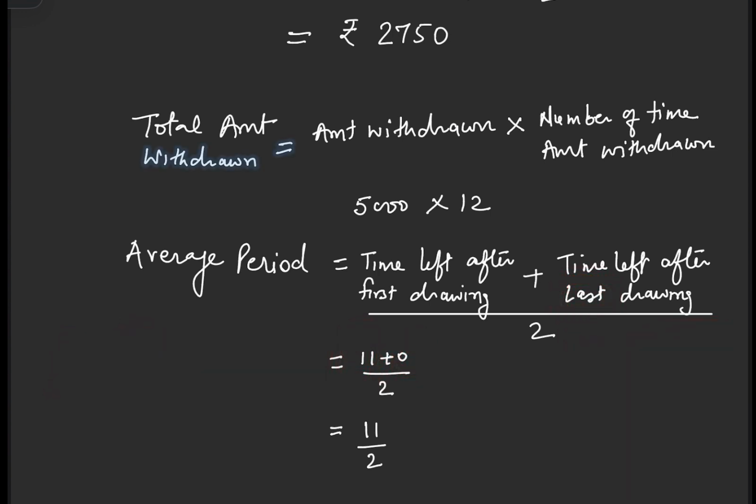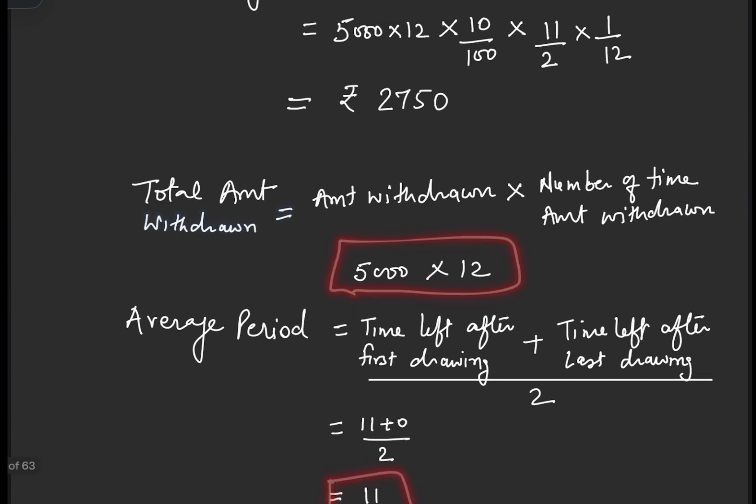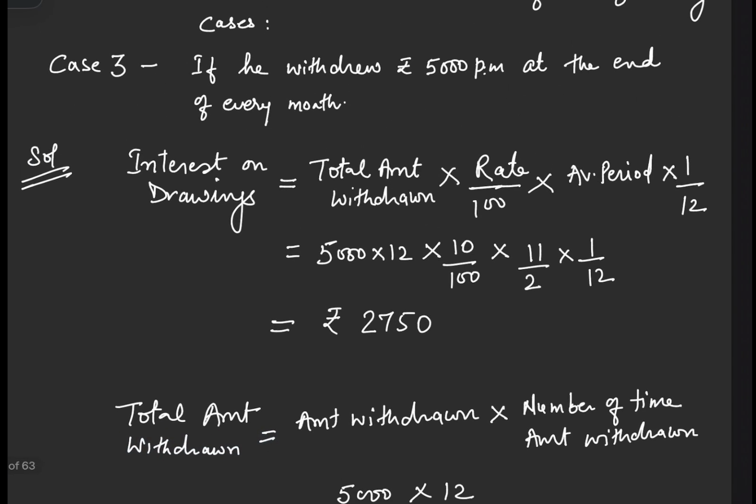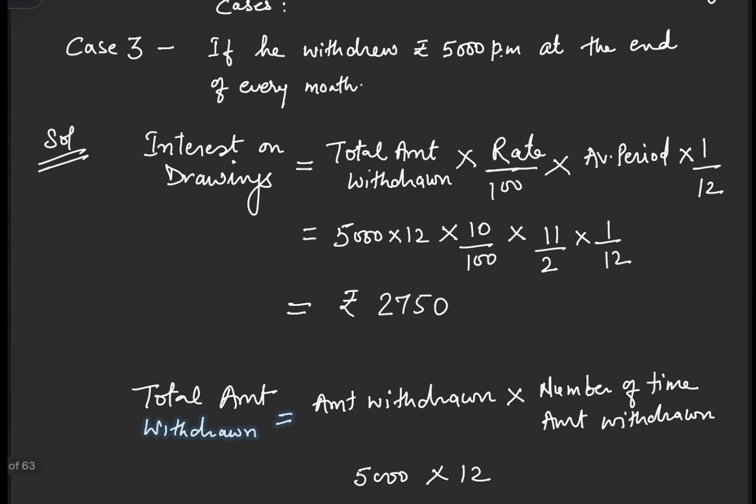So 11 plus 0 divided by 2, 11 by 2. 11 by 2 is the average period. Putting up the values in the formula, 5,000 multiplied by 12, then rate 10 upon 100, 11 by 2 and 1 by 12. The amount is rupees 2,750 as interest on drawings, to be paid by the partner to the firm.